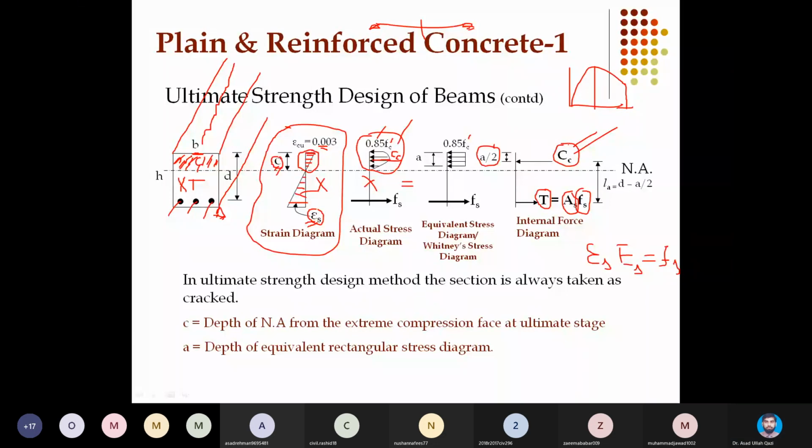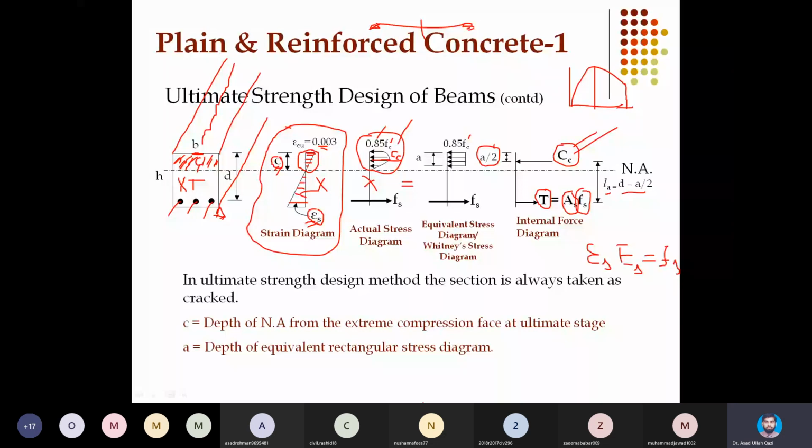And in this way, I can get their point of application, and the lever arm in between them I can calculate, and then Cc times lever arm, or T times lever arm, can give me the internal capacity.